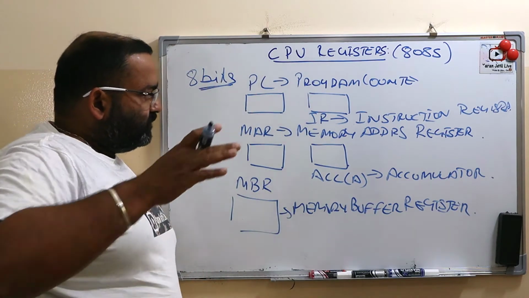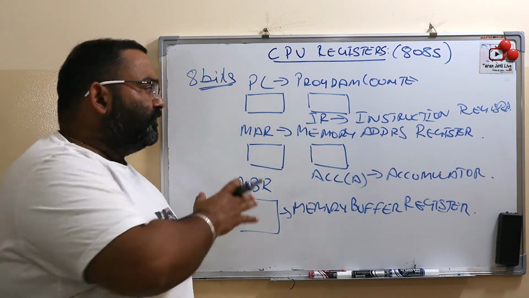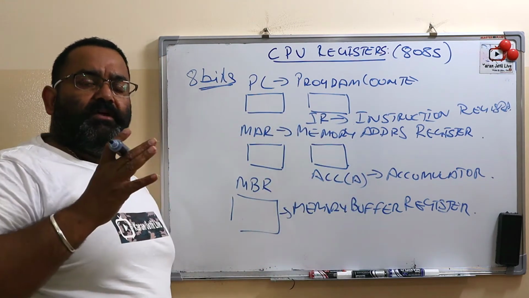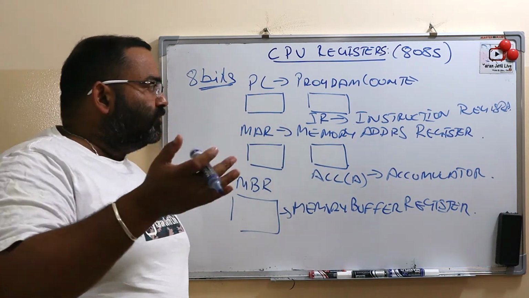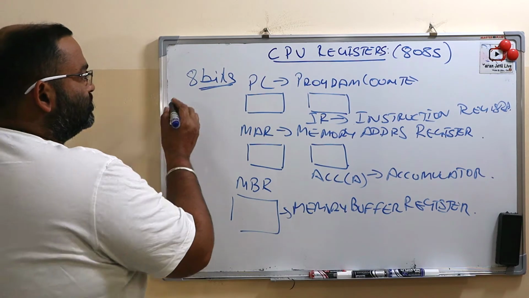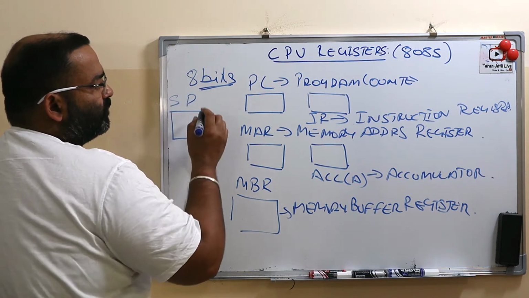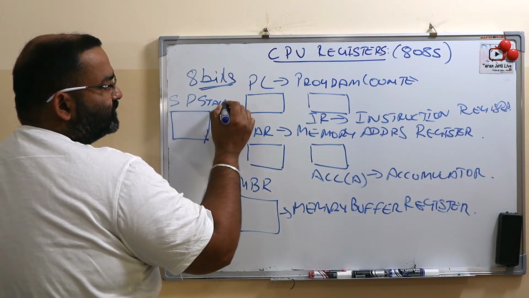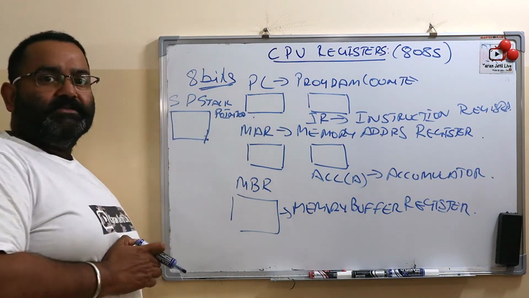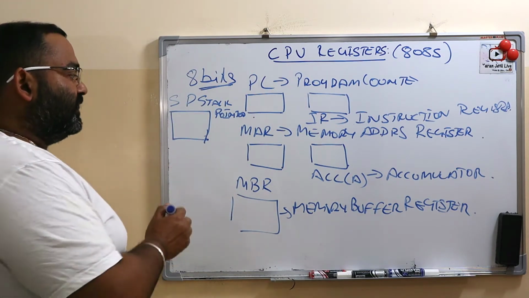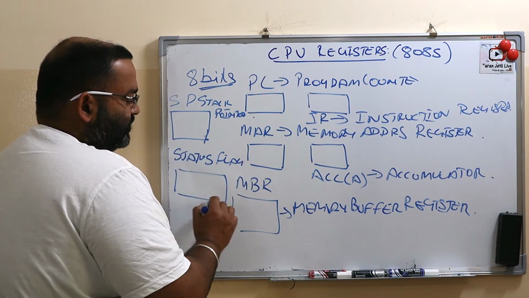Other than all these registers, in the next part of the video I'm going to explain the purpose of these registers and what functionality they perform. Before we move to that, it has another register, SP, the stack pointer, and it has the status flag, which is also an 8-bit register.